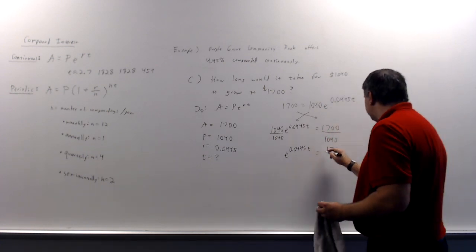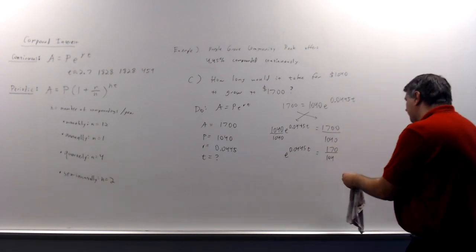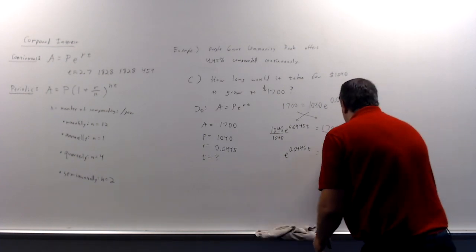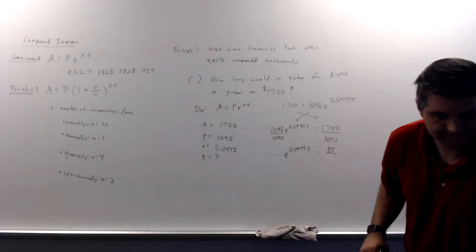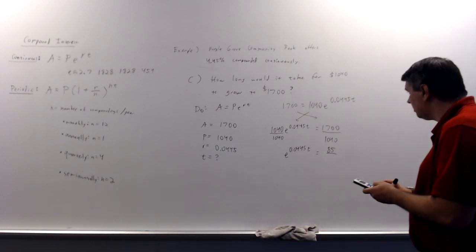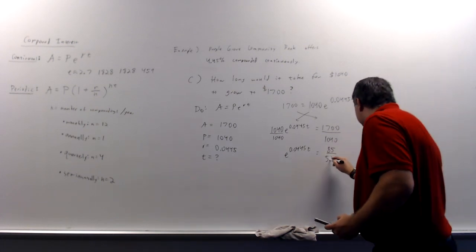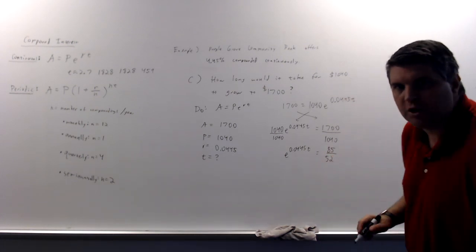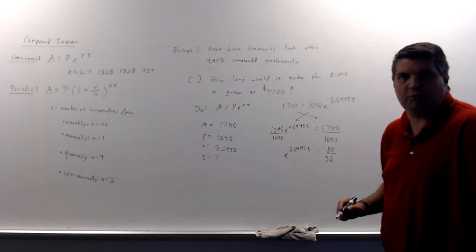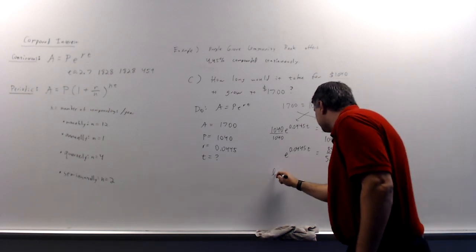I'll truncate those zeros, and then these two are also divisible by 2. So 85/52. You don't actually have to reduce if you don't want to, because it'll come out the same in decimal form. All right? So that's base e, so I'm going to use a natural log.